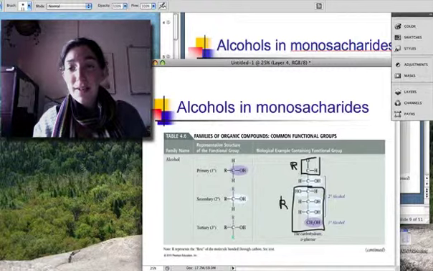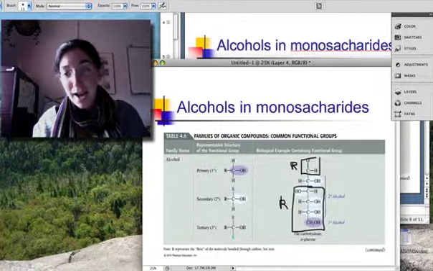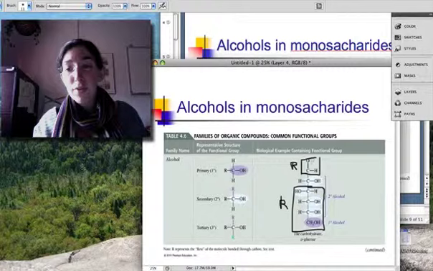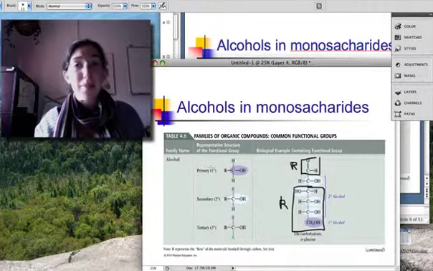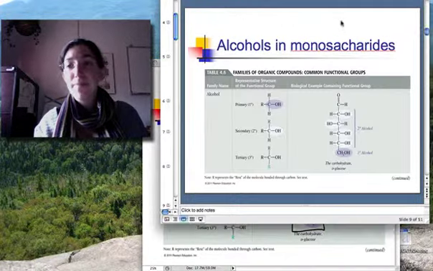So this carbon has two R groups bound to it, which makes it a secondary alcohol, as it says here. This last one, the alcoholic carbon, has two hydrogens and one R group, which is this whole thing up here. Two hydrogens, one R group, let's look at the table, is a primary alcohol.